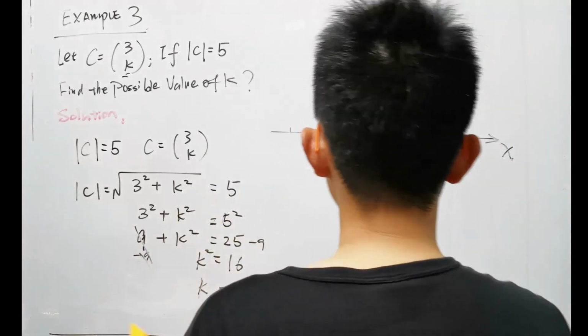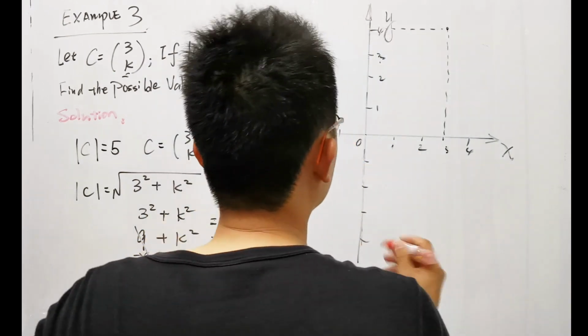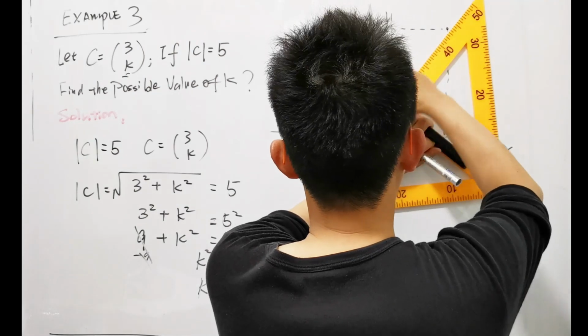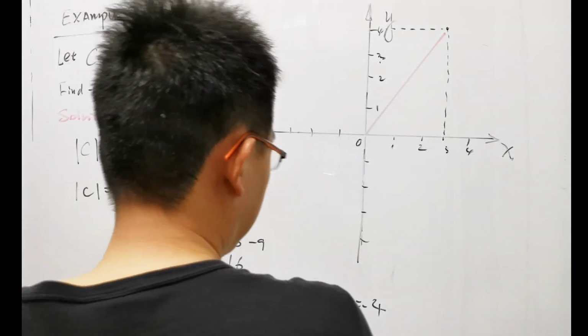Let's connect these two points from the origin to the coordinates. In here we can draw a line going up.